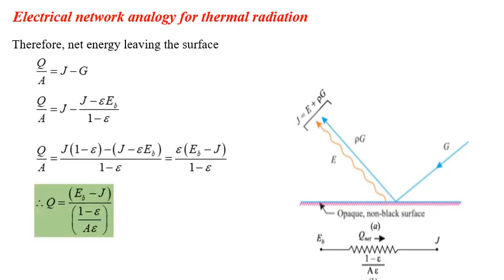Therefore Q is equal to EB minus J divided by (1 minus emissivity divided by A into emissivity), where 1 minus emissivity divided by A into emissivity is called the surface resistance, the thermal resistance due to thermal radiation.